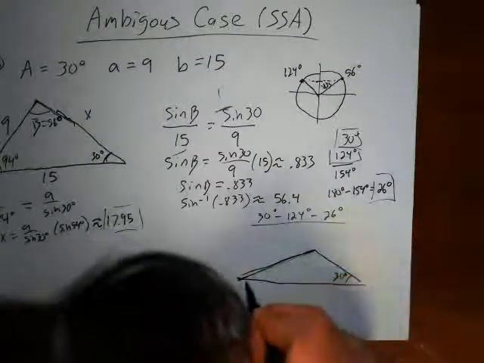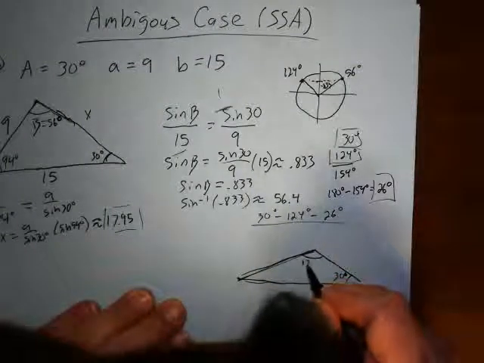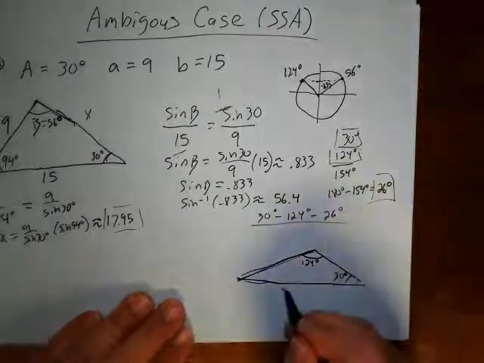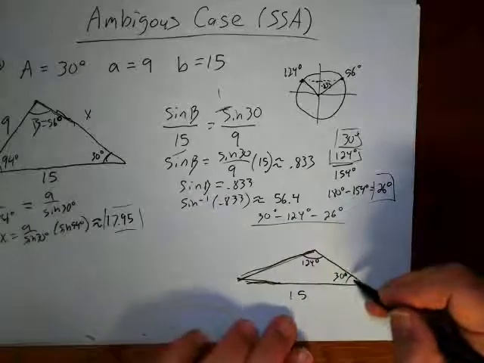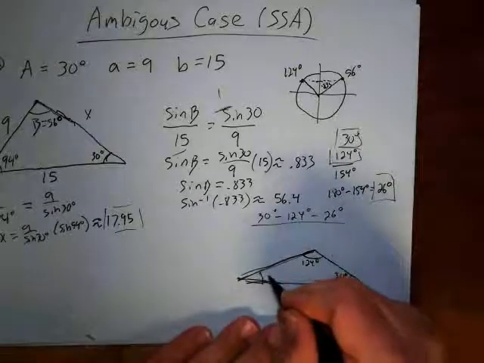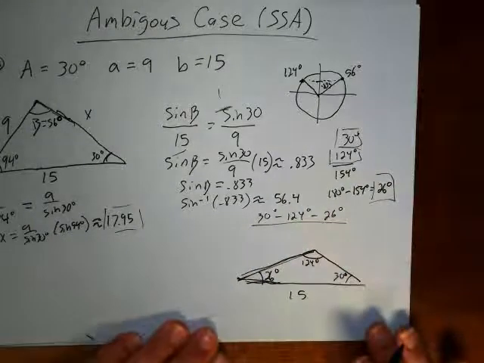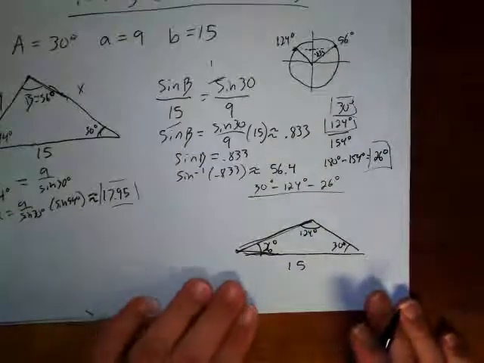I don't know how it would be, but this is like 124 degrees, something like that. And this would be 15. Okay, and then this one over here would be the 26 degrees. So it would look like this.